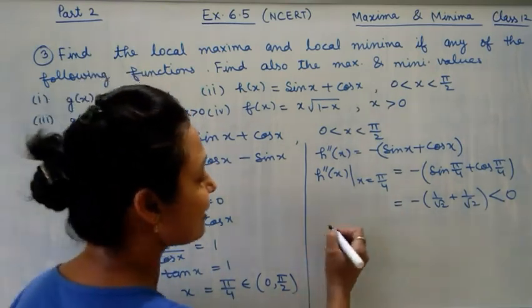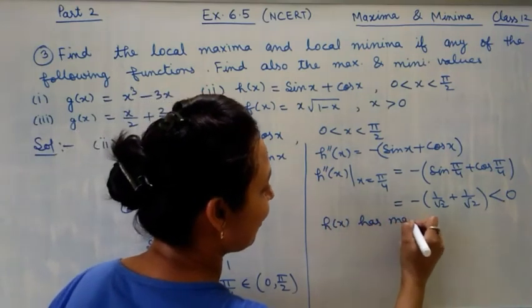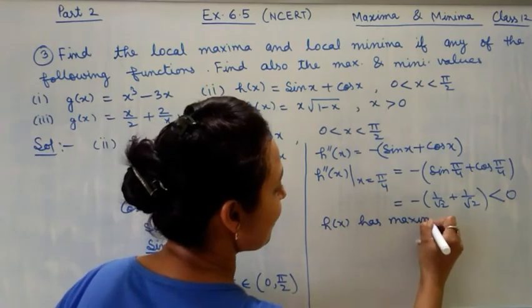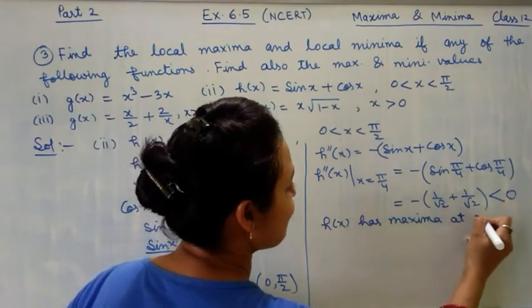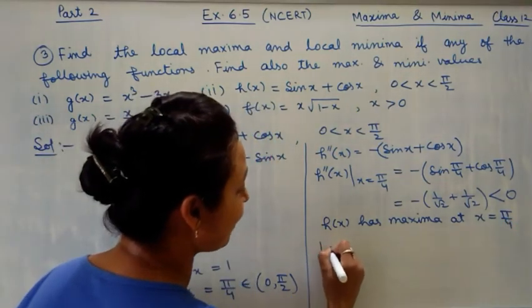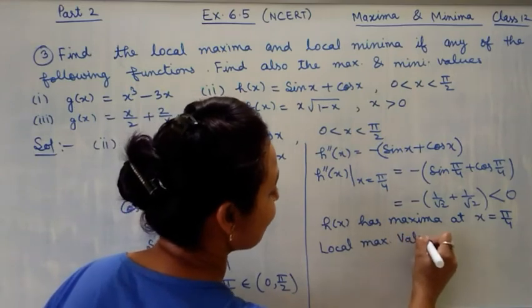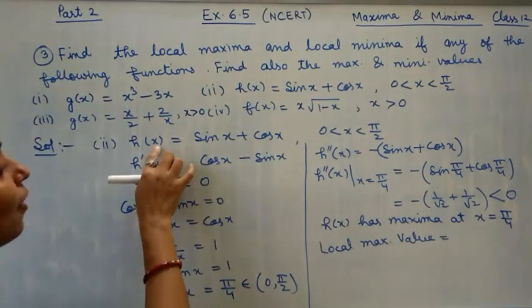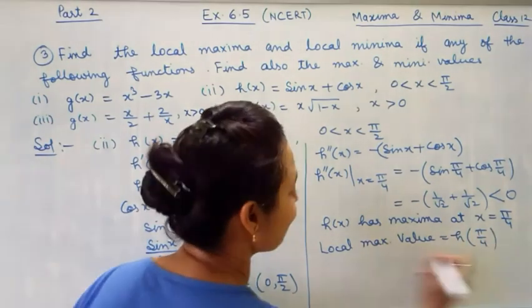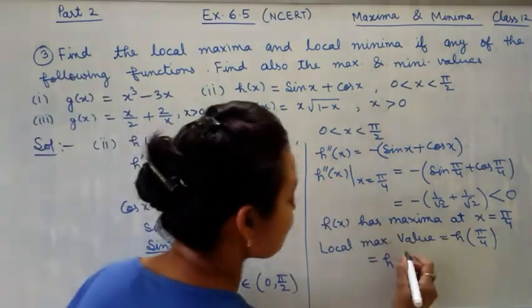You can tell that h(x) has a local maximum at x is equal to pi by 4. Then you will put the value of x is equal to pi by 4 to find the maximum value. So h of pi by 4 is sin pi by 4 plus cos pi by 4.